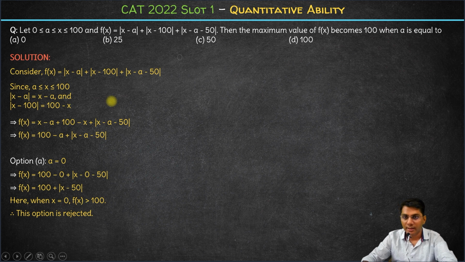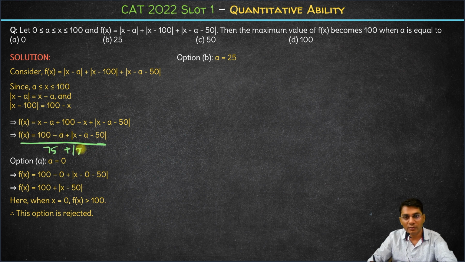Okay. Coming to the next option, when a is 25. If a is 25, we have 100 minus 25, which is 75, plus mod of x minus 25 minus 50, which is minus 75. So we have 75 plus mod of x minus 75. And now since a is 25, x can take any value from 25 to 100.